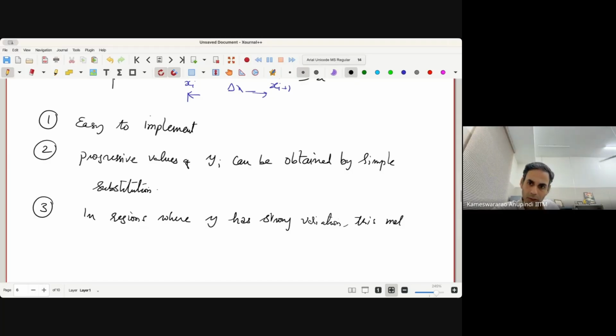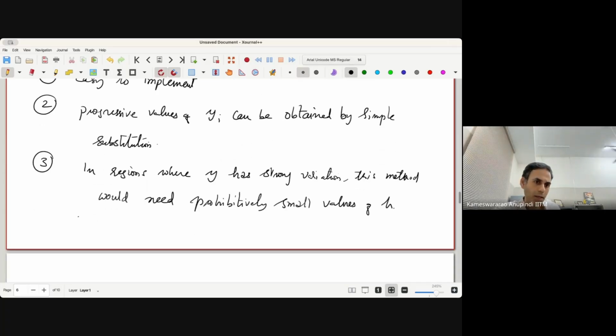This method would need prohibitively small values of h.